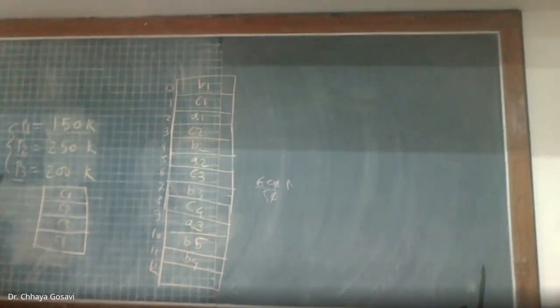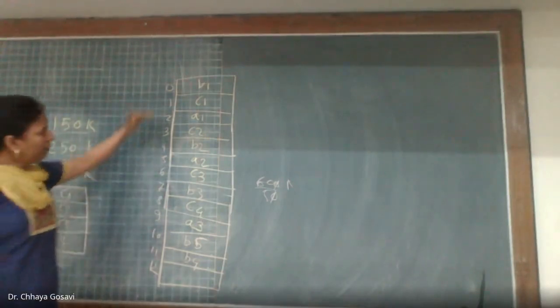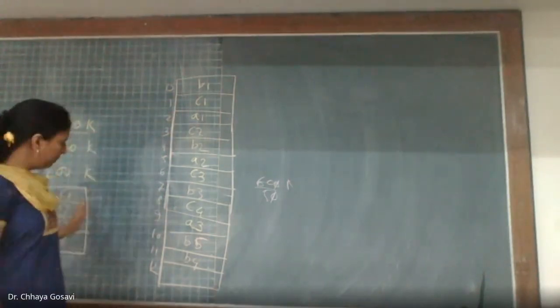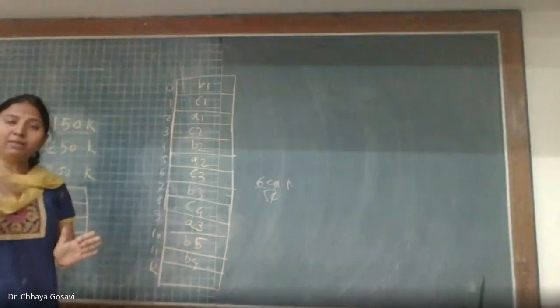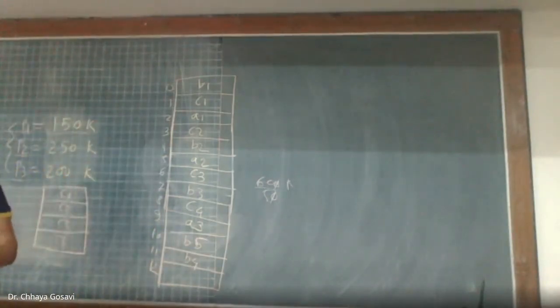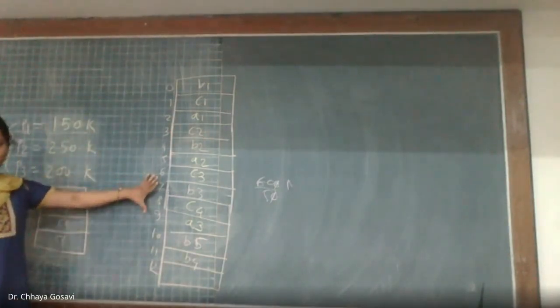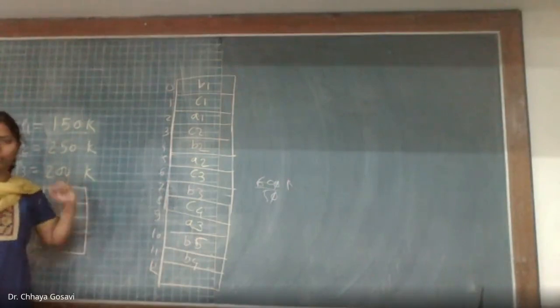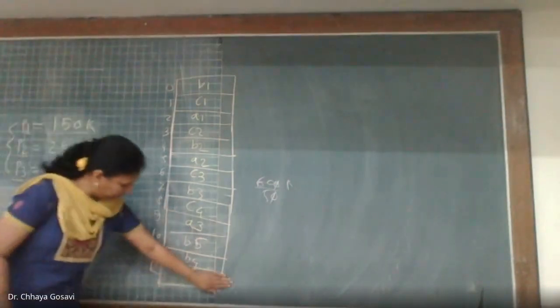In case of paging, we divide the process, which is called logical address space, into equally sized pages and main memory into equally sized frames. And these pages can be loaded in main memory anywhere. No need to load in a contiguous manner. But the requirement is the complete process must be loaded in main memory. Then only that process can execute.